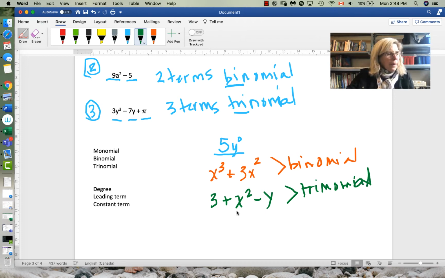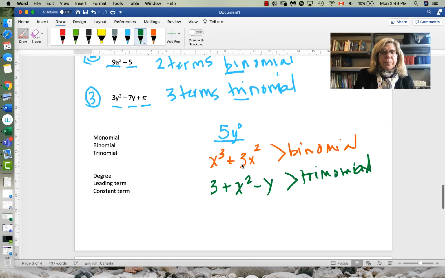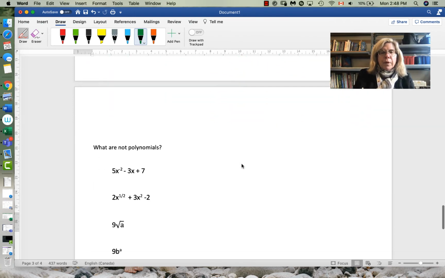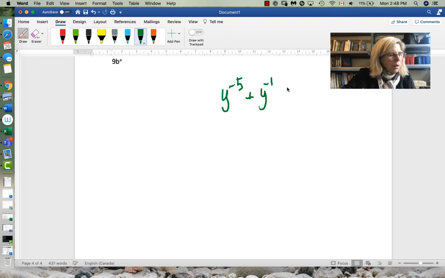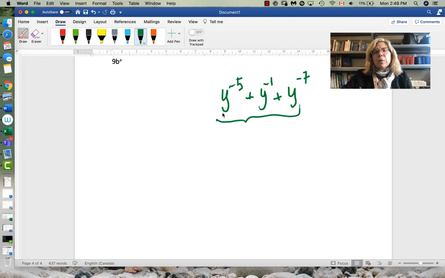Okay. Now, how about, we're going to go down below here. How about if we said, okay, we have y to the minus 5 plus y to the minus 1 plus y to the minus 7. Well, it's got three terms, 1, 2, 3. But look at the exponents.